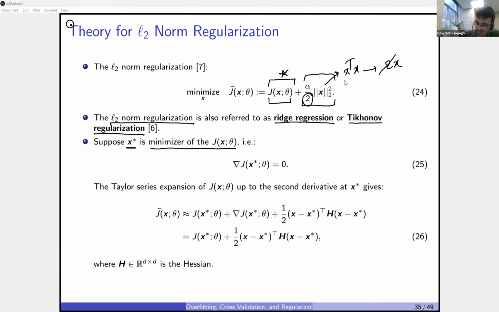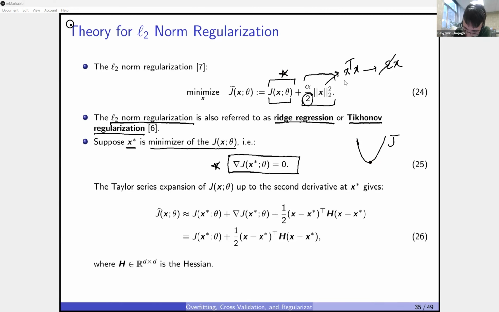Therefore, as it is a minimizer of J, the derivative of J with respect to x at x star is 0, because this is a minimizer, of course the derivative at this point is 0 by the first order optimality condition. We also saw that in high school. For finding the minimum of a function, take the derivative, set it to 0. That's it, at x star.